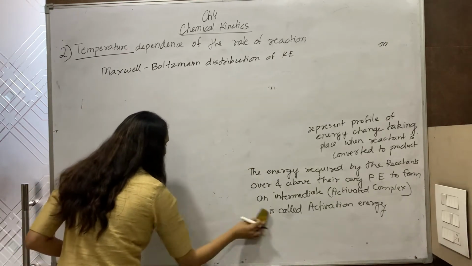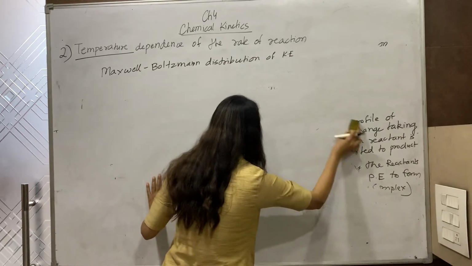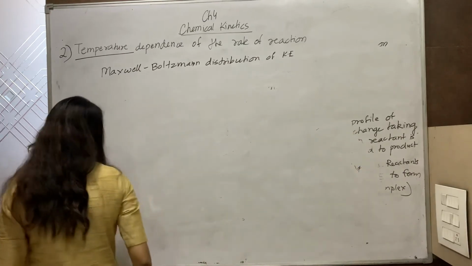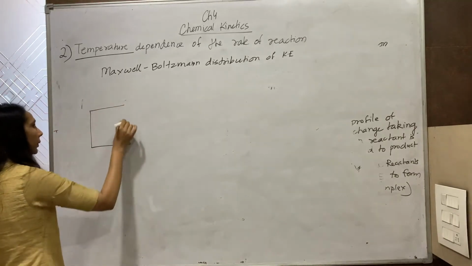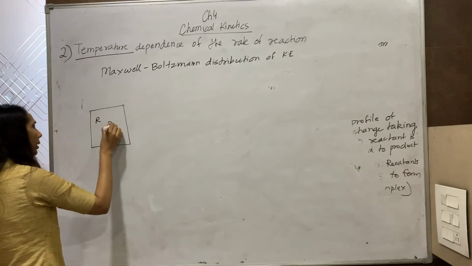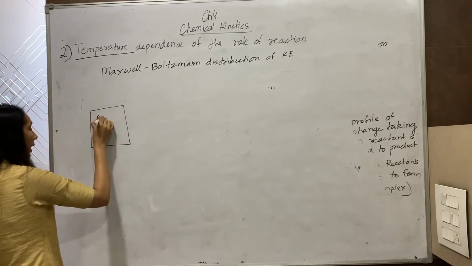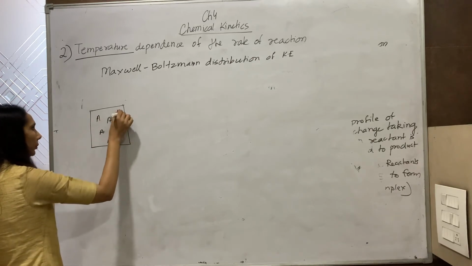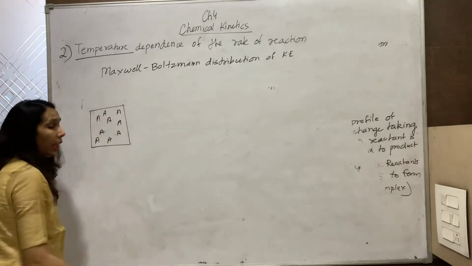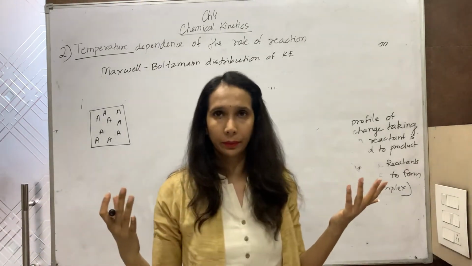Now what do we mean by Maxwell-Boltzmann distribution of kinetic energy? Now if I consider a container filled with the gas, filled with the reactant, gaseous reactant A, then the reaction will take place when the A molecules collide with each other.